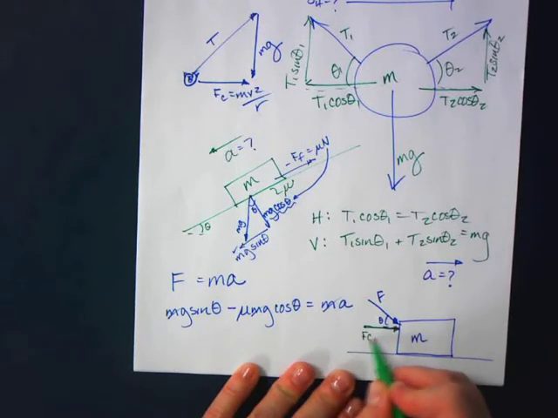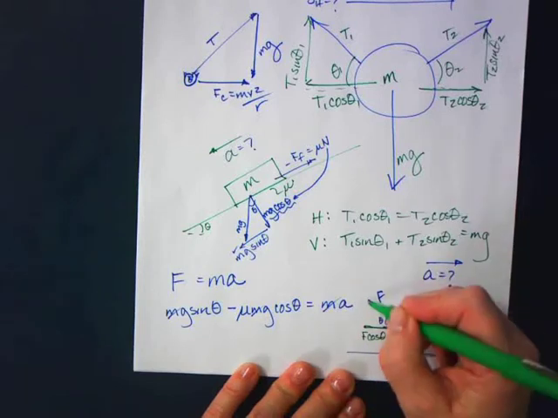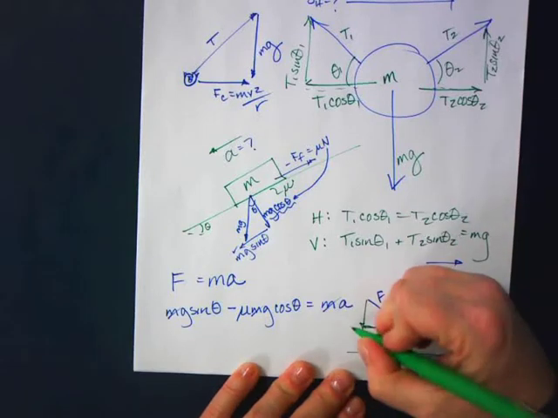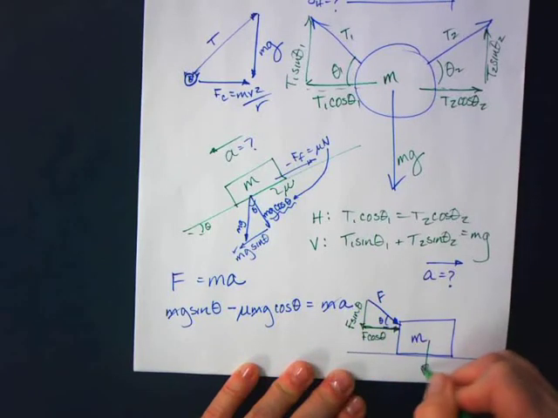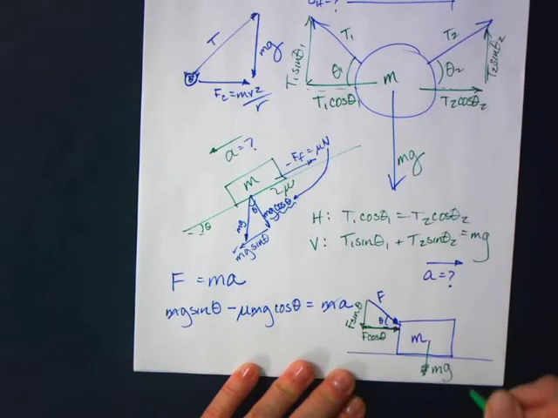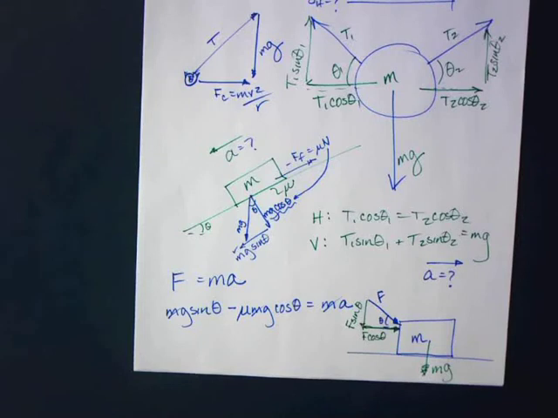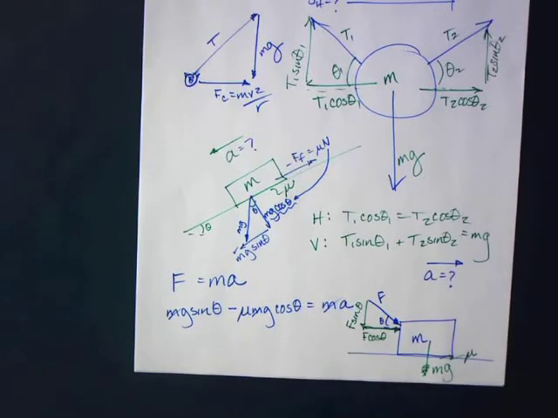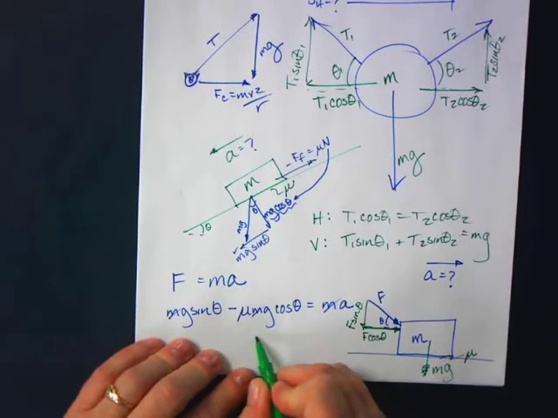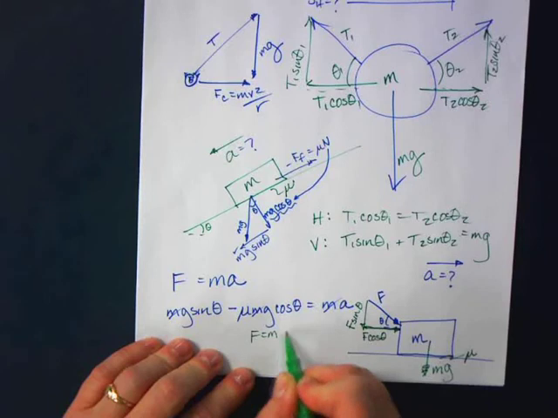You'll have a parallel force like this, F cosine theta, and a perpendicular force here, F sine theta. And you'll also have gravity. So what force will slide it? F cosine theta. Oh, I gotta put some friction there too. And what force will slow it down? Right.